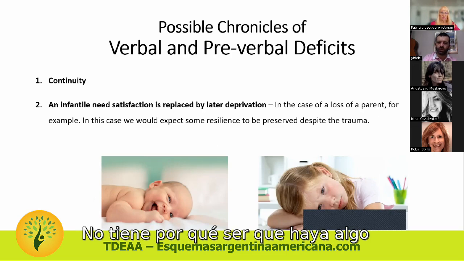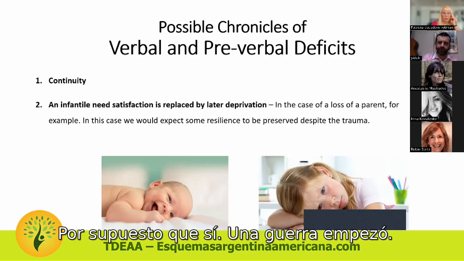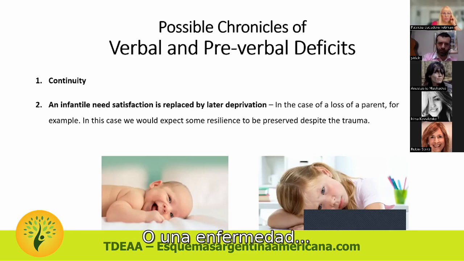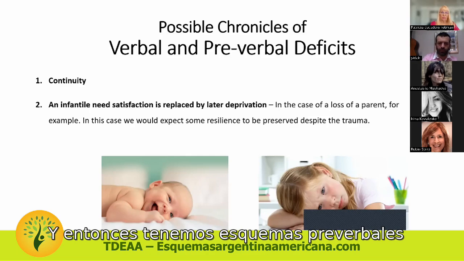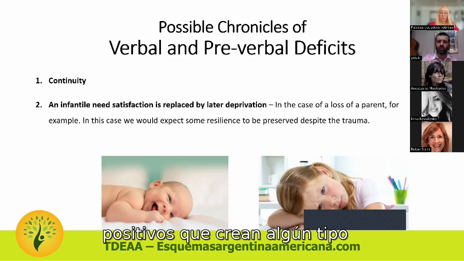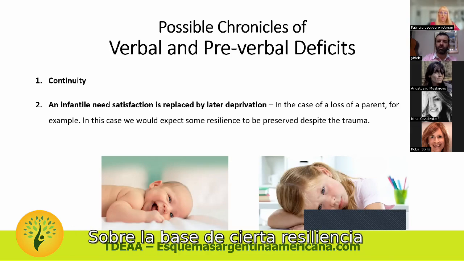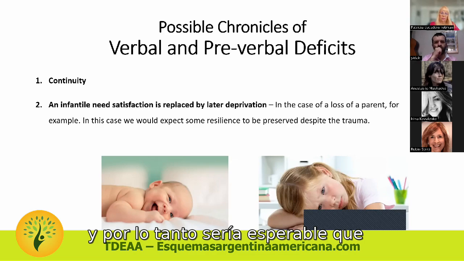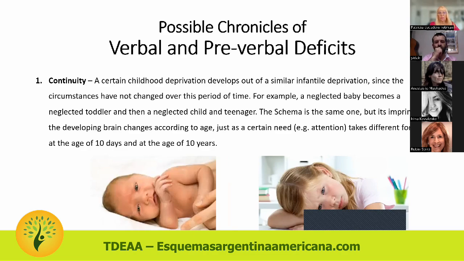Okay, sometimes it doesn't have to be that something happened to the parent. It could be, of course, that a war started or an illness or whatever. But there was a happy baby, and so we have preverbal positive schemas that create some kind of resilience, and then we have the trauma. But the trauma is on the base of some resilience, and we expect it to be milder.